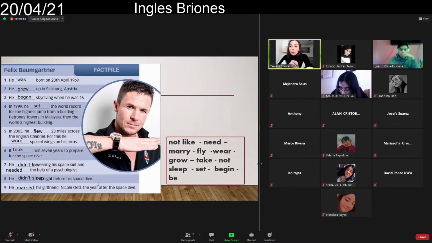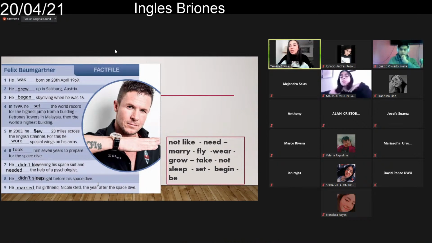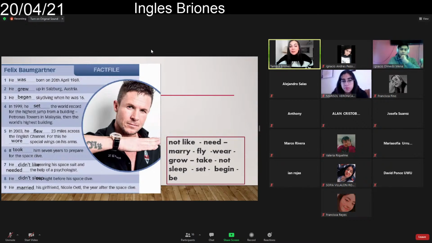El verbo solo cambia en oraciones positivas, porque en preguntas también ocupas el did. Así que el verbo solo cambia cuando tú haces oraciones positivas. Ahí tienes que ver irregular o regular, the past tense of the verb. Como también en didn't like, no es didn't liked, o didn't like. Exactly. Didn't like.